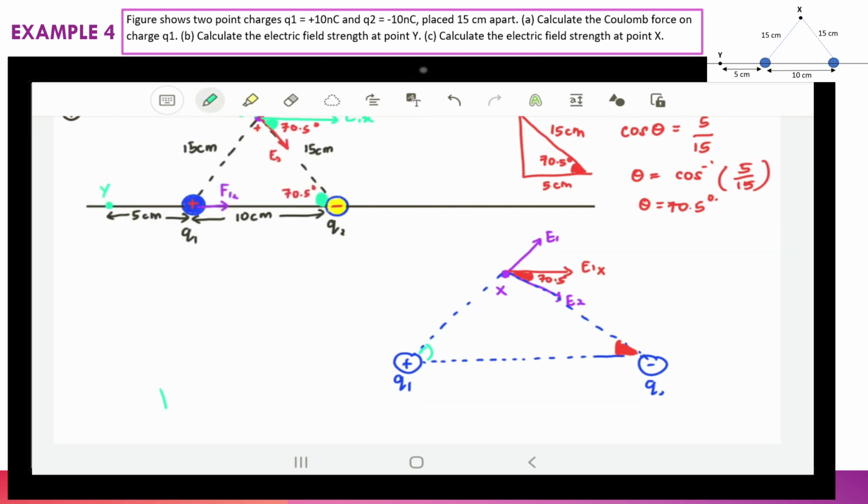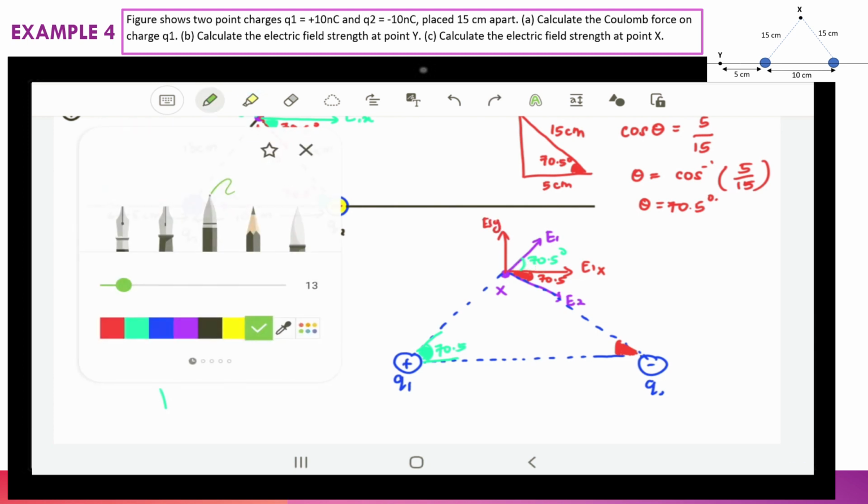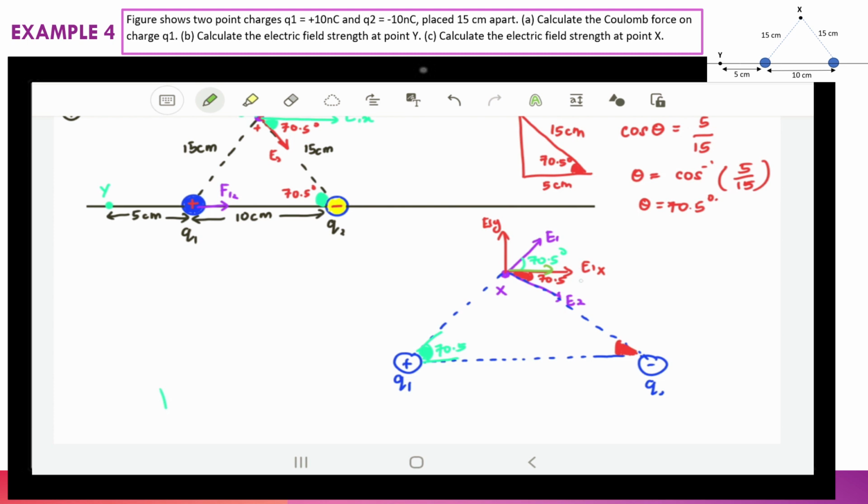If here is 70.5, in this direction here also 70.5. So now E1x, we're going to have E1y, and here we have E2x, the green color is E2x, and here is E2y.